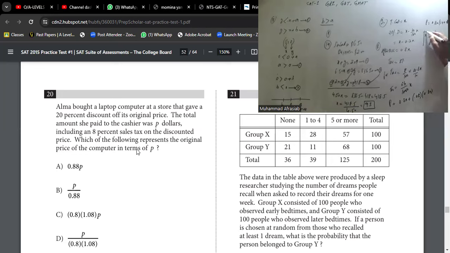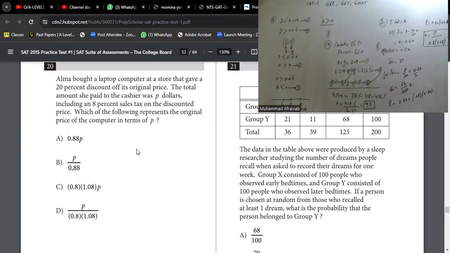This is the value of x in terms of P, and that is the answer D, P over 0.8 times 1.08. So we write this answer as D part of this question. So these are the solutions of question number 20. Now we will solve the rest of the questions in the next videos.